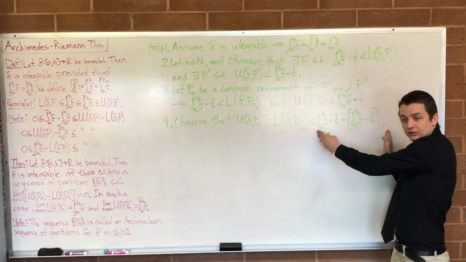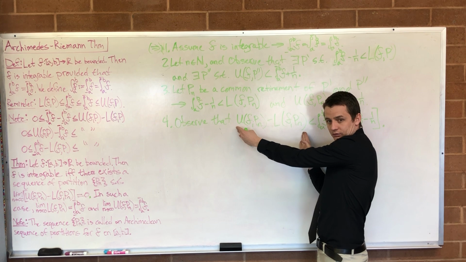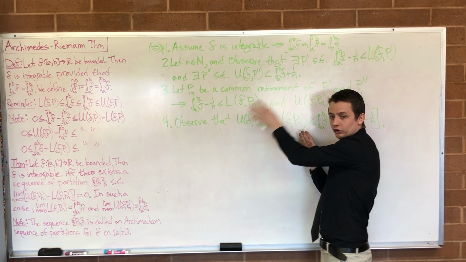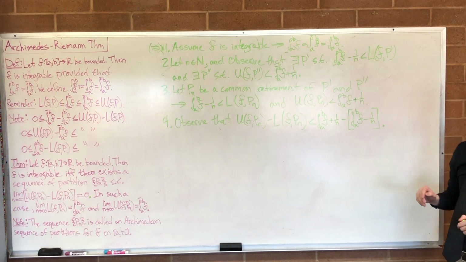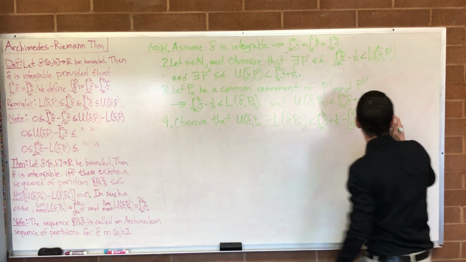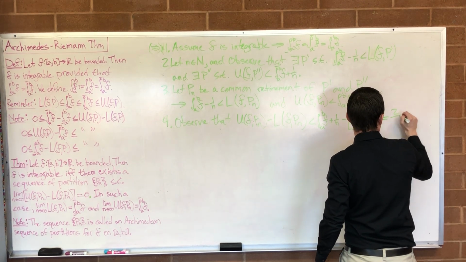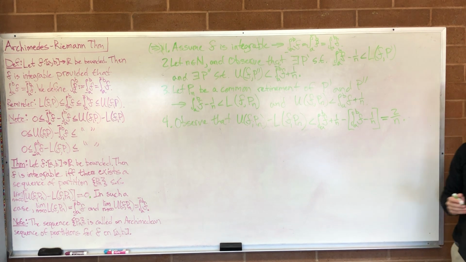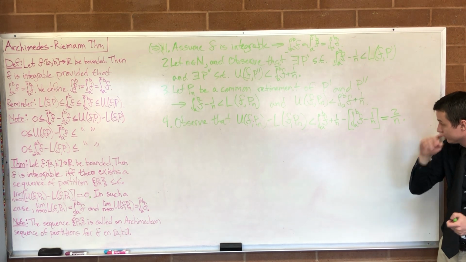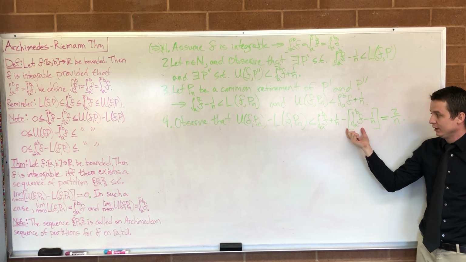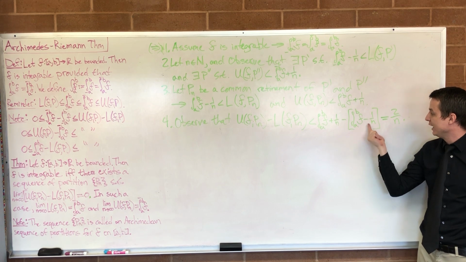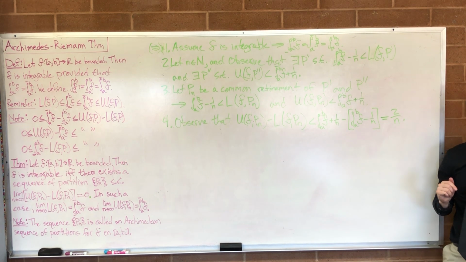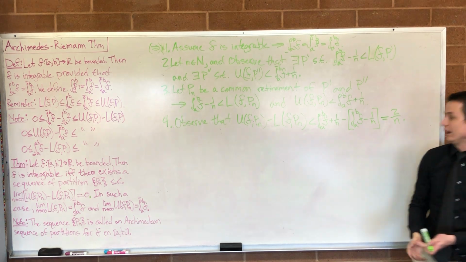So this difference is a bigger difference than this difference, just using the inequalities we have above it. Does that make sense? Maybe write is equal to, so you can see exactly where this is going. That is equal to 2 over n, because look, this integral cancels out with that integral. We have positive 1 over n minus negative 1 over n gives us 2 over n. Now take our limit.